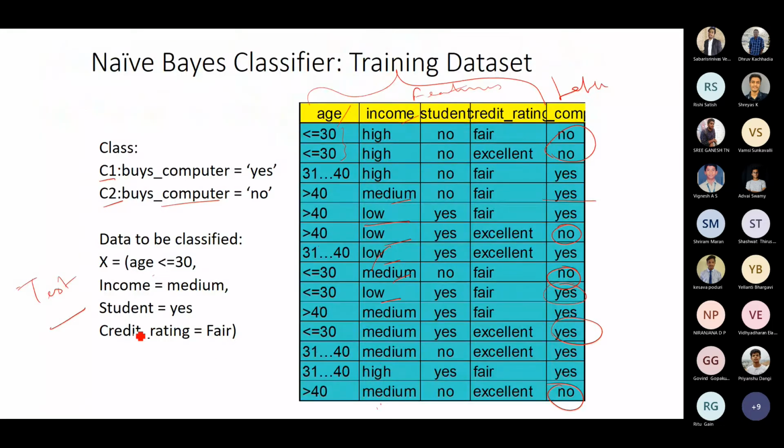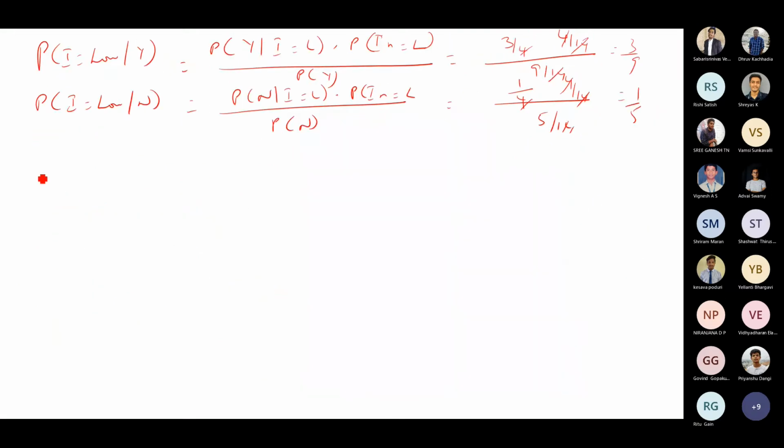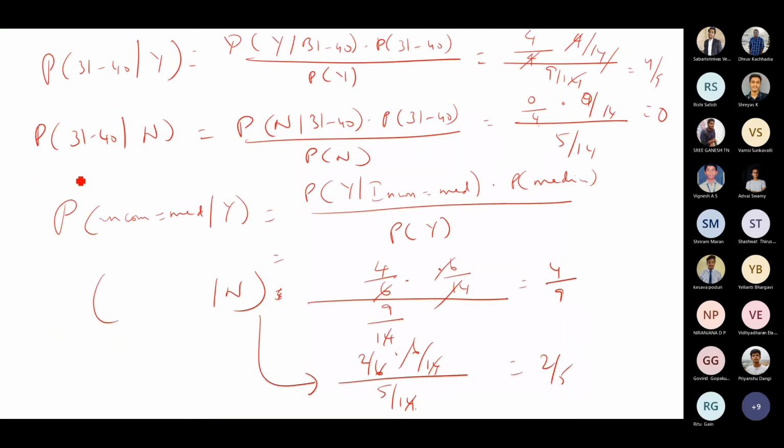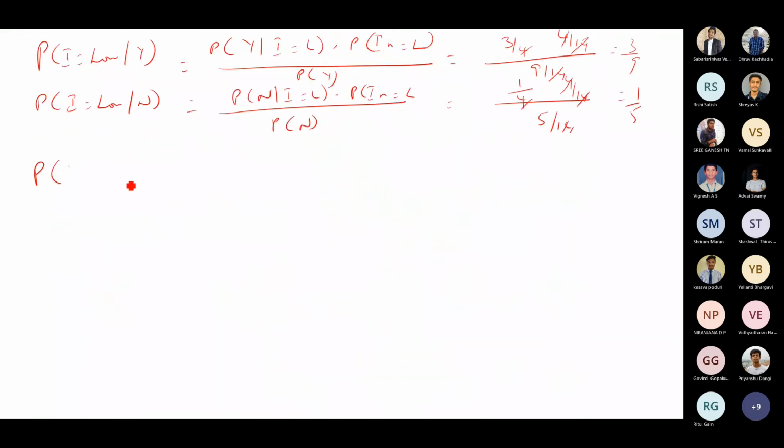Now I have student equal to yes and credit rating is equal to fair. I'm going to just find out these probabilities only from here, and then I'm going to find out the final scenario. So probability of student is equal to yes given buying computer is yes.